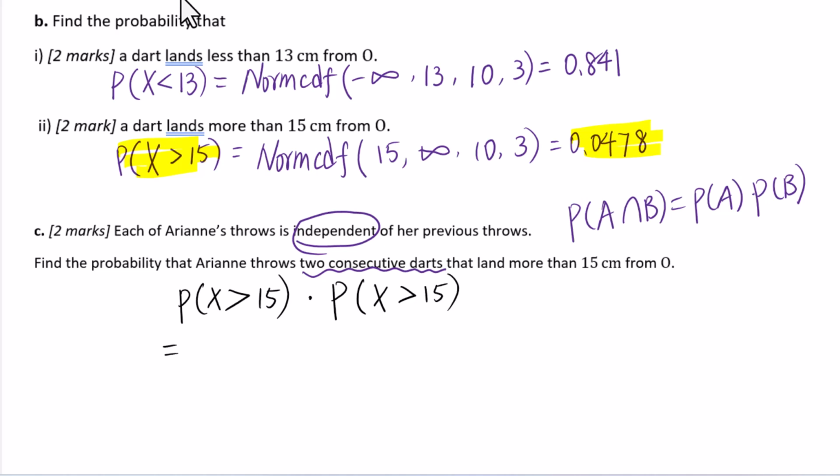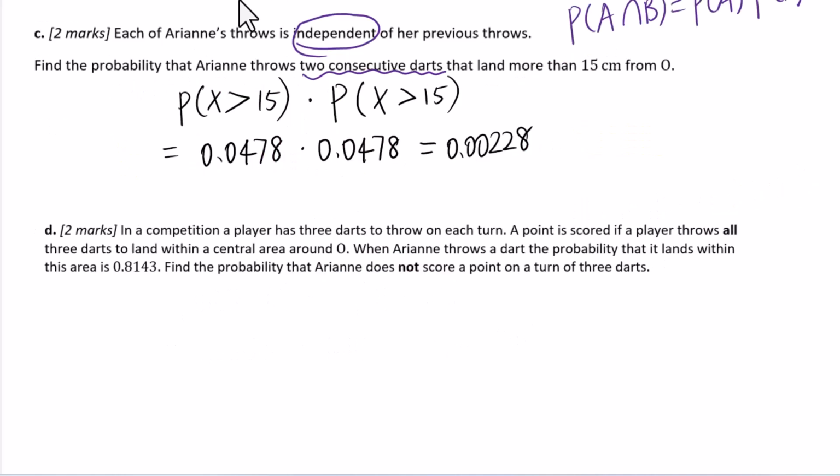Do the multiplication. 0.0478 times 0.0478 equals, answer is 0.00228.